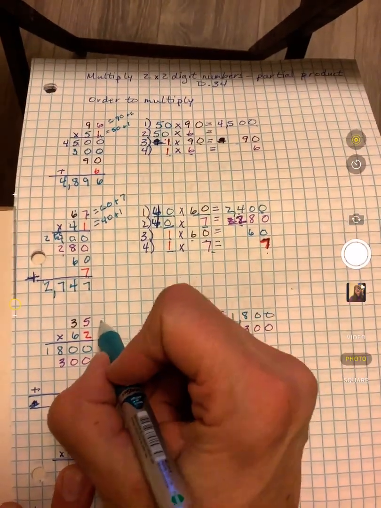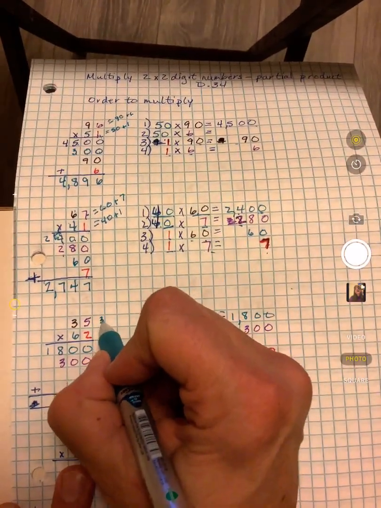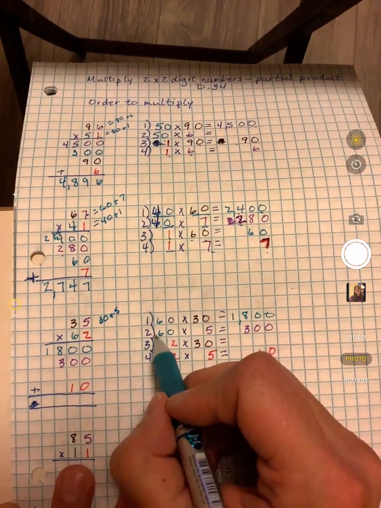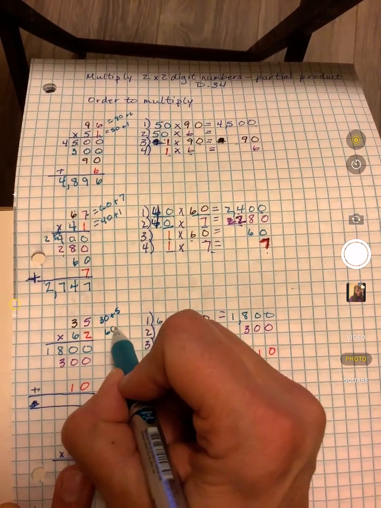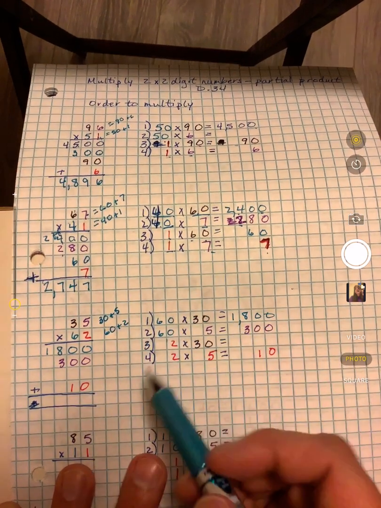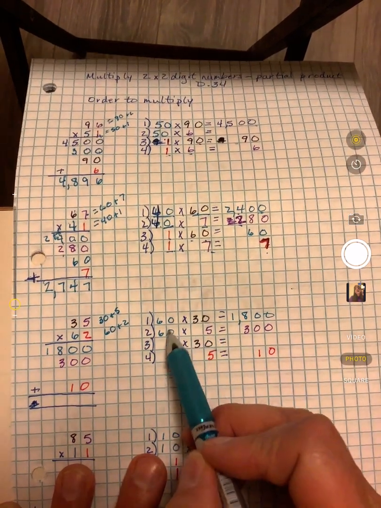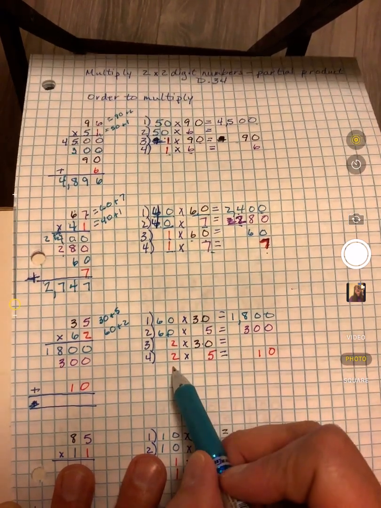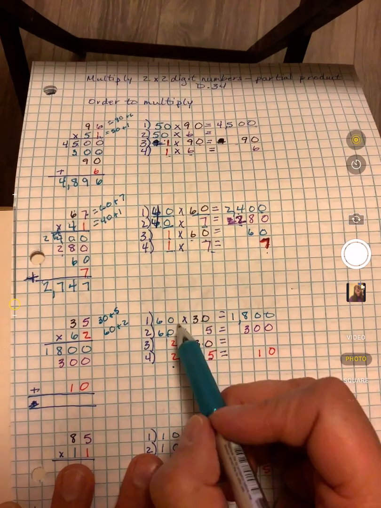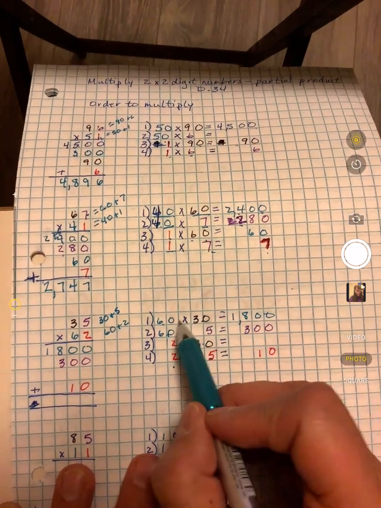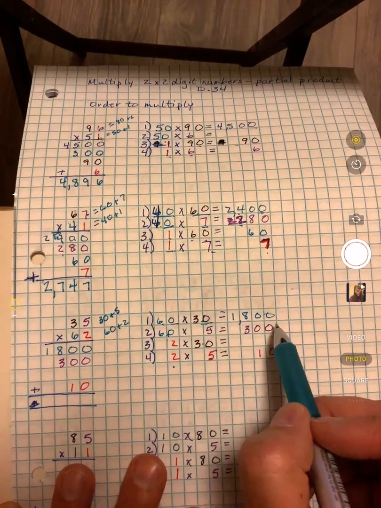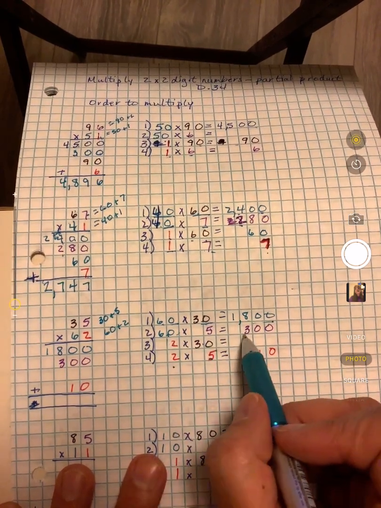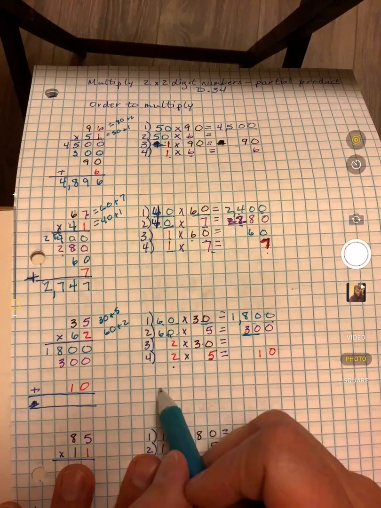Again, if you just think of this as decomposed, 30 plus 5, 60 plus 2. There's my 30, there's my 60, there's my 30 again, my 2, and my 5. 6 times 3 is 18. We have 2 zeros, so we put 2 zeros behind there. 6 times 5 is 30, and we add a 0.